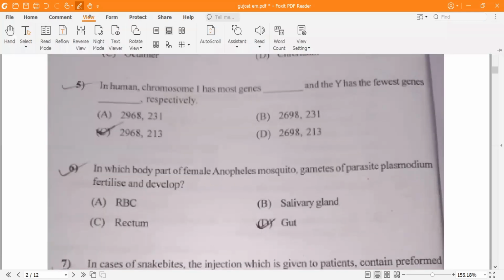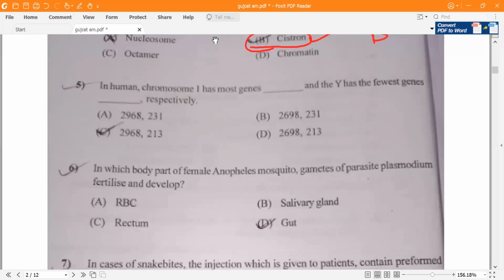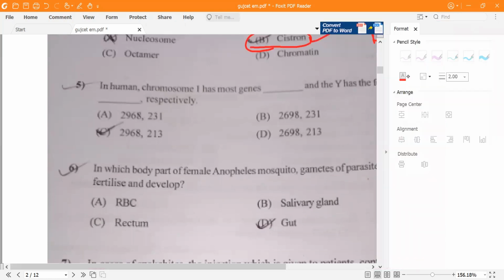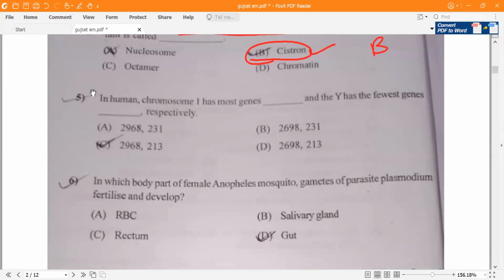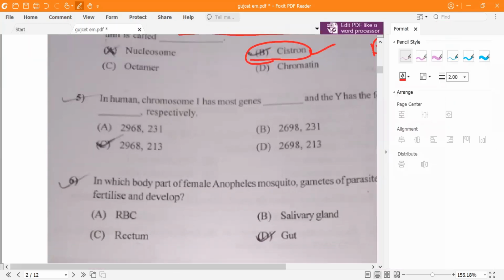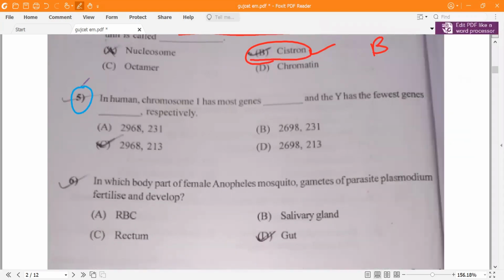The human chromosome with the most and the fewest genes.